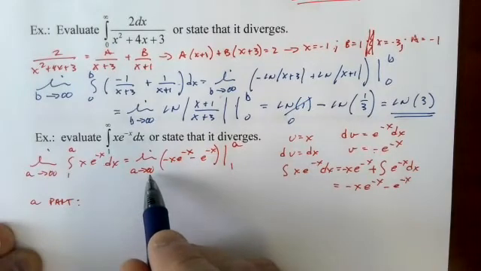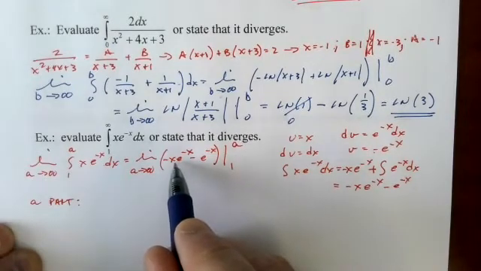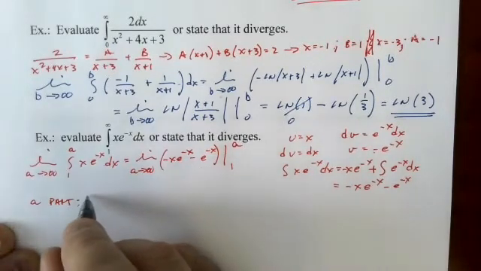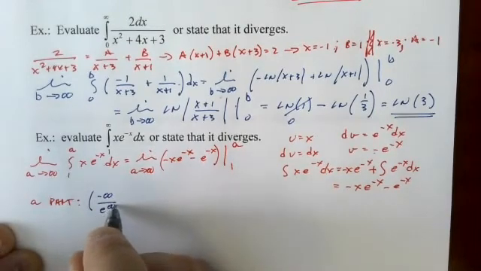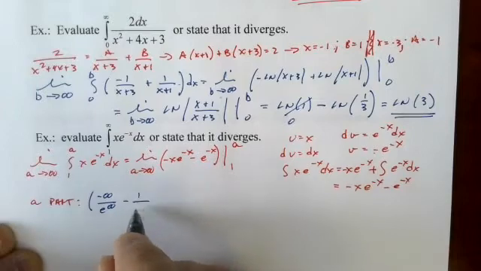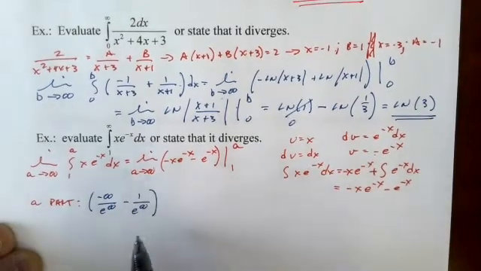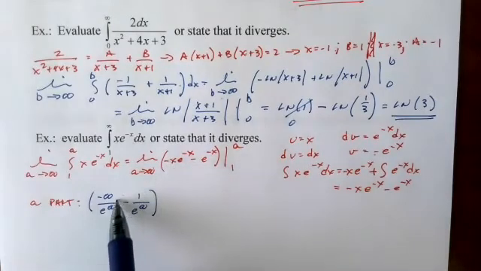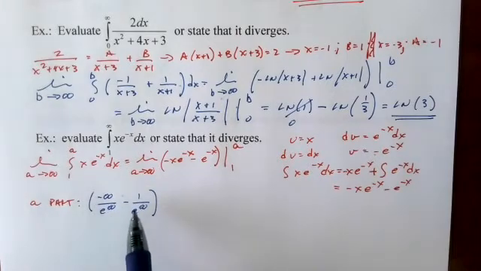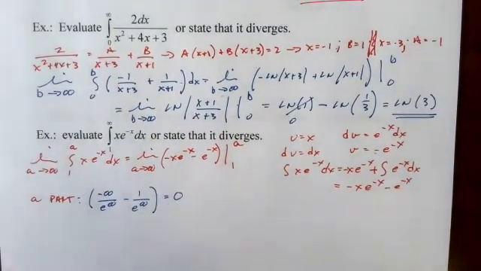All right, a goes to infinity. We get negative infinity over e to the infinity minus 1 over e to the infinity. You might say, well, we got a problem here, but I can use L'Hopital's rule on negative x over e to the x. I know the bottom's going to dominate. I'll get 0 here, and I'll get 0 here. So all of it drops out. I get 0.